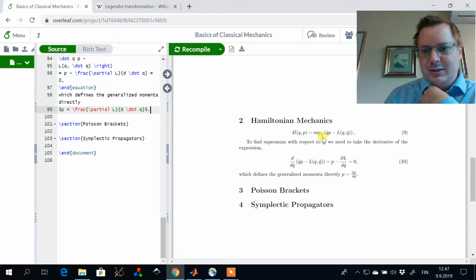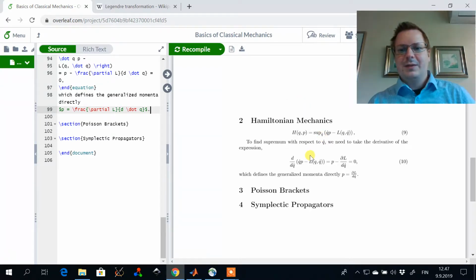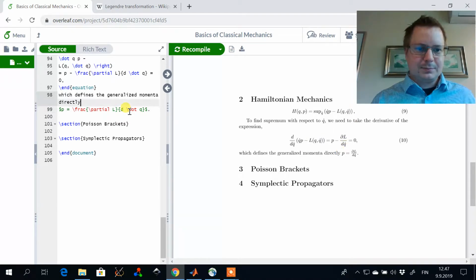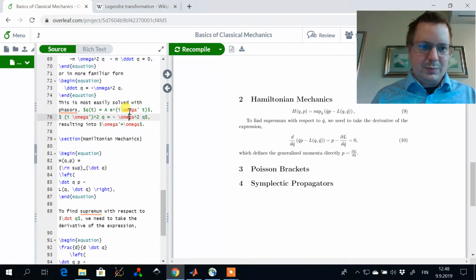So essentially we have re-derived the equations again.